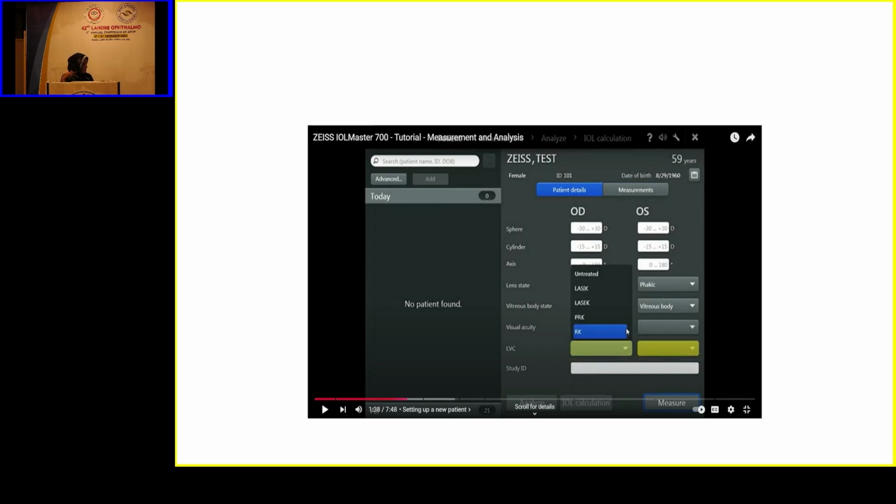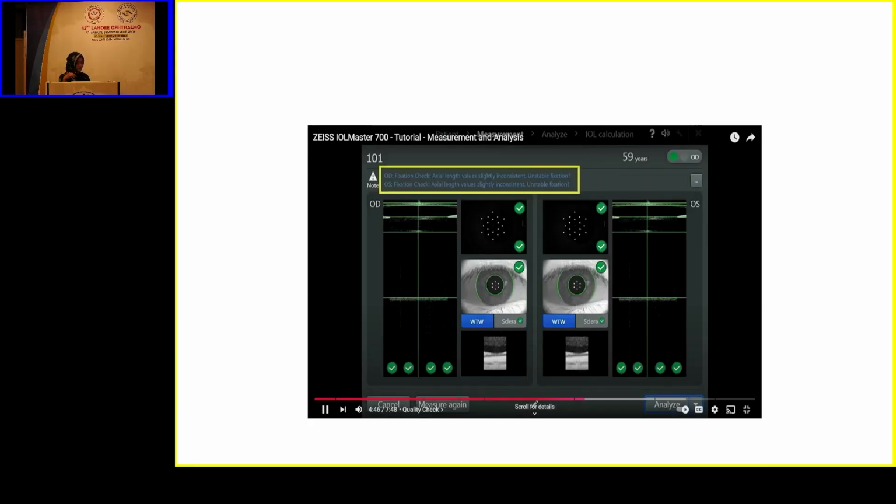It reminds you to fill out whatever surgery the patient has undergone, and it calculates accordingly.